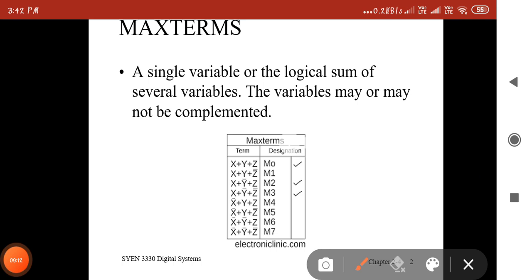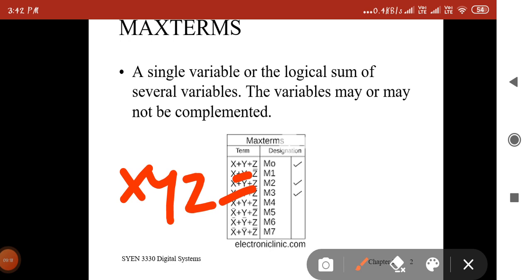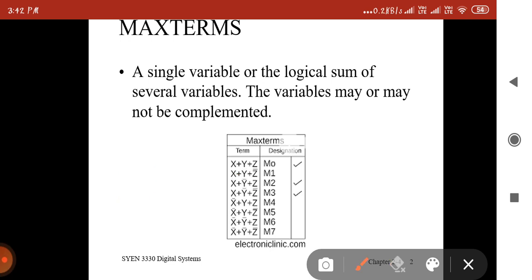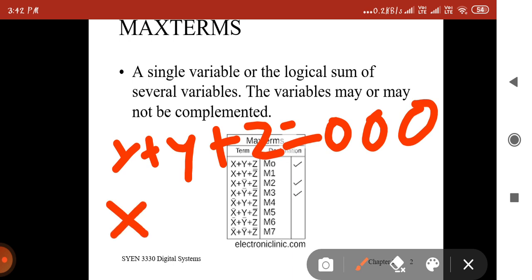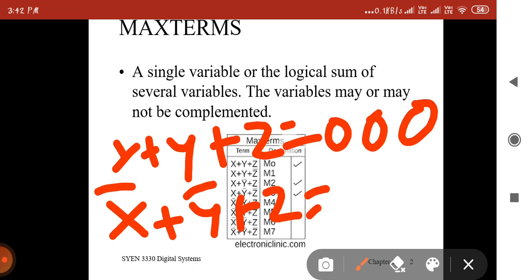For example, x y z equals to x plus y plus z equals to 0 0 0. X bar plus y bar plus z equals to 1 1 0.